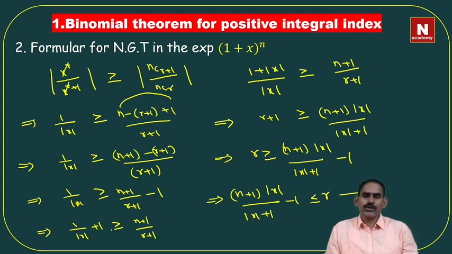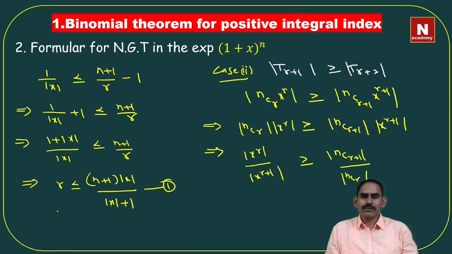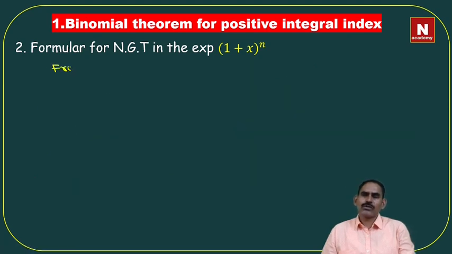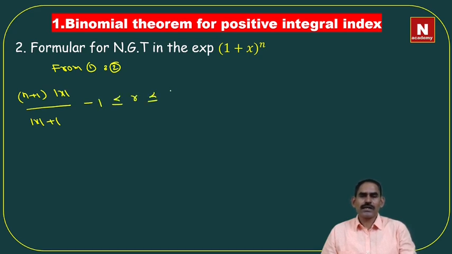So from 1 and 2, what about 1? This is equation 1: r is less than (n plus 1) into modulus of x by (modulus of x plus 1). From 1 and 2, we can write (n plus 1) into modulus of x by (modulus of x plus 1) minus 1 is less than or equal to r, which is less than or equal to (n plus 1) into modulus of x by (modulus of x plus 1).